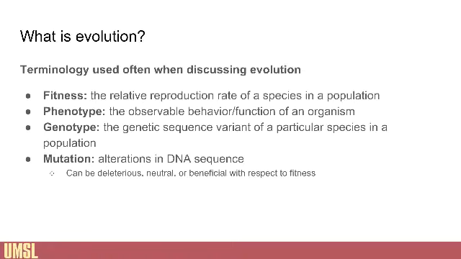And so I often like to address terminology when we're talking about things. And these are words that have come up throughout this course. So if I'm talking about fitness, in the context of evolution, I'm talking about the relative reproduction rate of a species in a population.